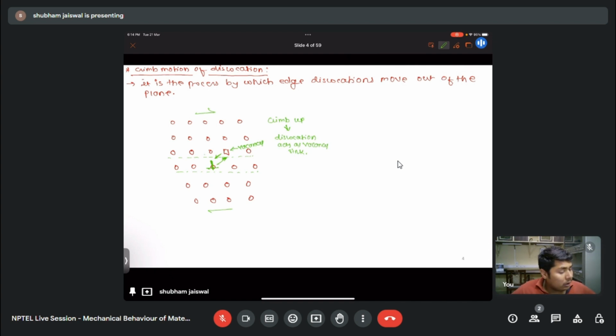So as here in this case, the vacancy is moving in, and the edge dislocation is moving up. So this is the climb up. Now if we talk about the climb down, let me draw the schematic.